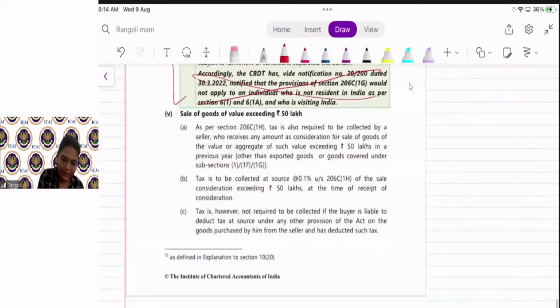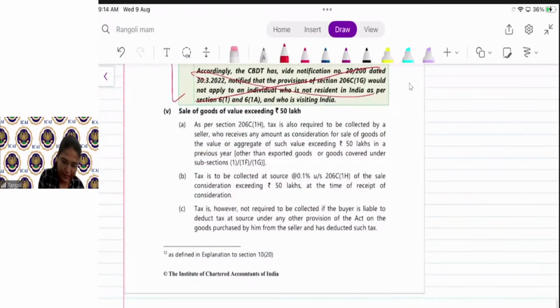On sale of goods, value exceeding 50 lakh rupees; for a tour package operator there is no threshold. On all transactions, 5% TCS is applicable. This provision we have already discussed along with section 194Q in the previous lecture. Just I'll give you the brief idea.